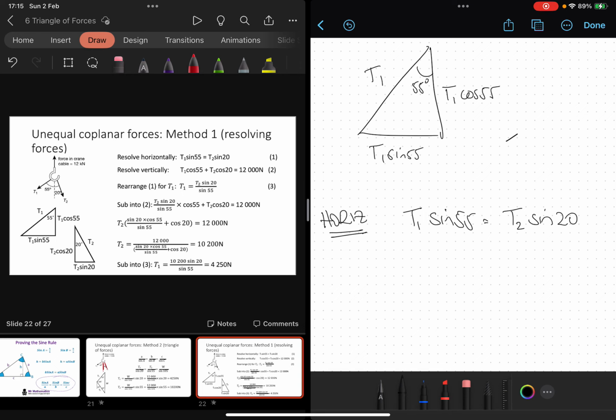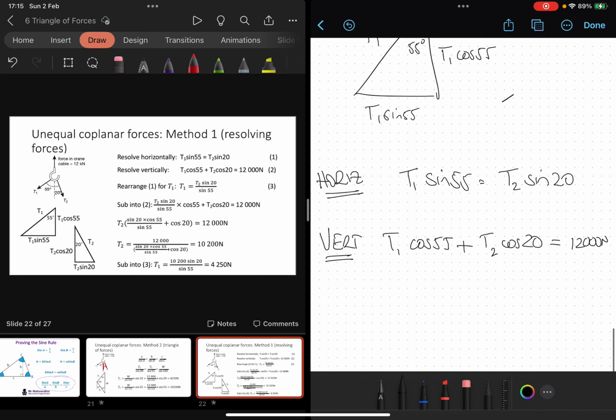And that's as far as I can get. But the reason I'm going to do that stage is because I'm going to use it when I look at my vertical components. So vertically, the two vertical components add up to the weight. It's exactly what we did earlier with the baby example, isn't it?